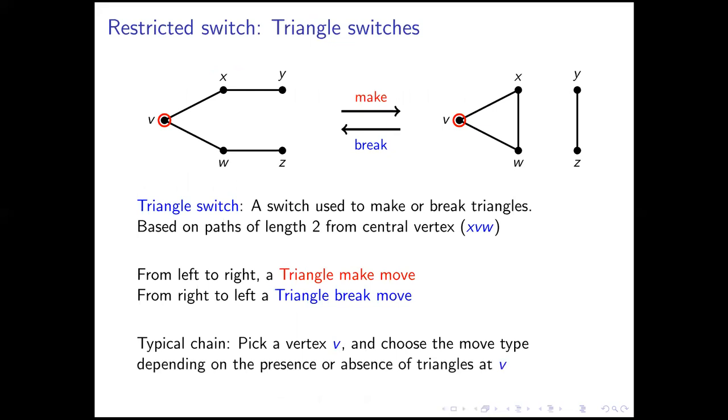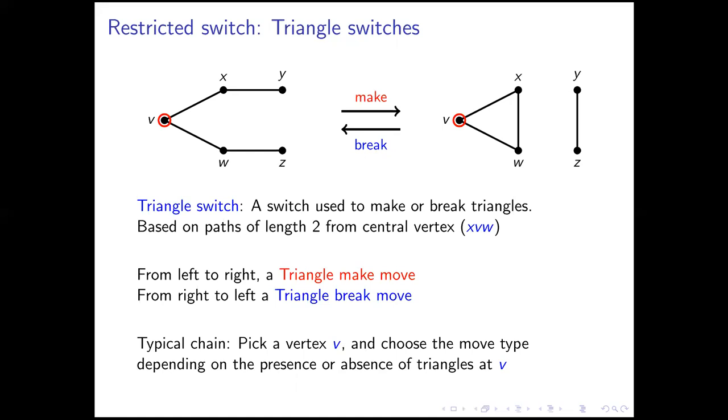So here's a restricted switch, which is a triangle switch. This switch can be used to make or break triangles based on two paths of length 2 from a central vertex. The central vertex on the left is V, and the paths of length 2 are shown. This is rather in the spirit of the flip switch shown earlier, but it's a twist on it.